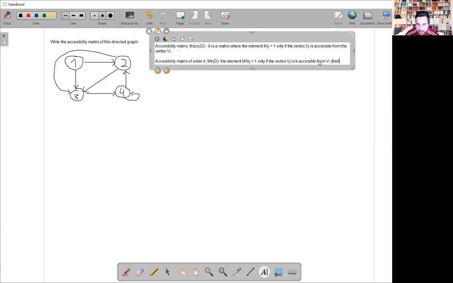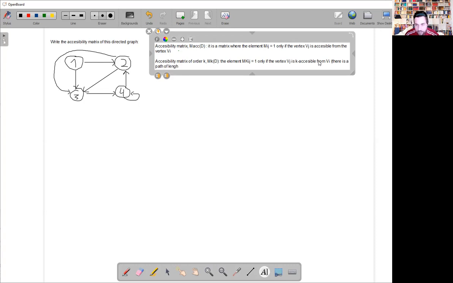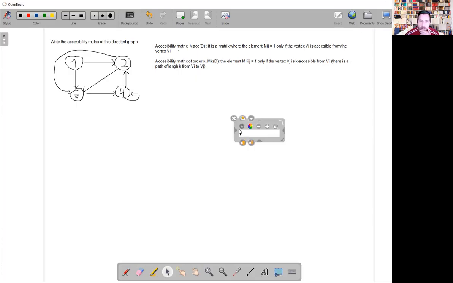So that means that there is a path of length k from vi to vj. Right, so these are the definitions that we need for this problem.